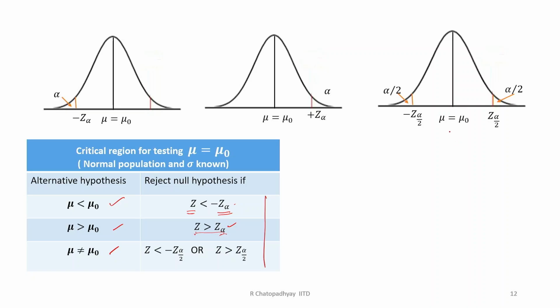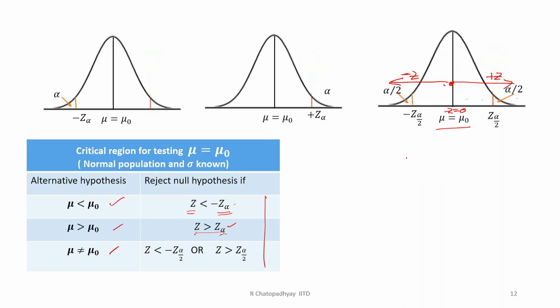Here, mu equal to mu 0, but in terms of Z, this is equal to 0. And this is the positive side of Z, and this is the negative side values of Z. This side is positive Z, and this side is negative Z, starting from this point. Here, Z is 0.